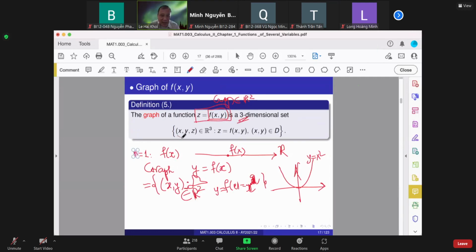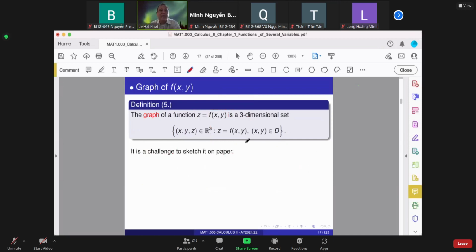That is, the graph of a function of two variables z equal to f(x, y) consists of all points (x, y, z) from R3 for which f(x, y) is equal to z for any (x, y) from D. So the graph is in one more dimension space.